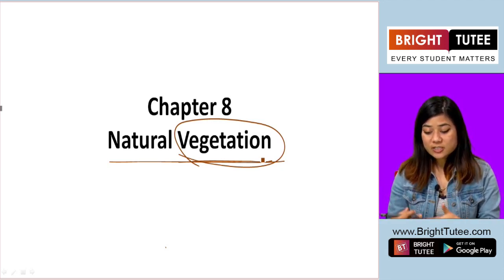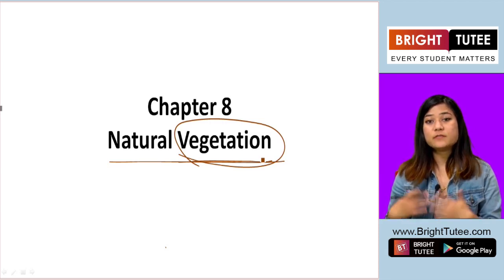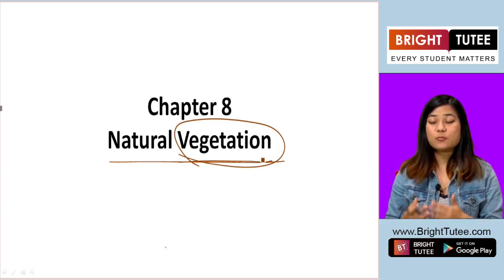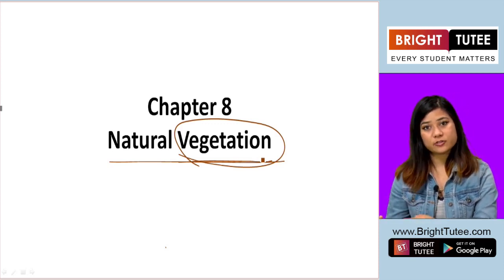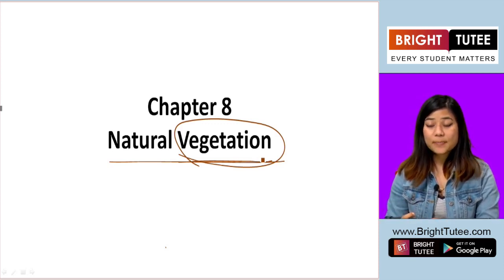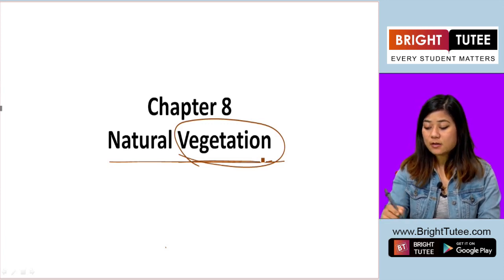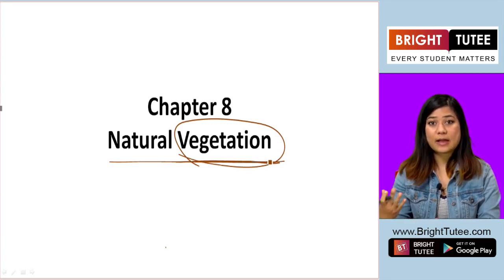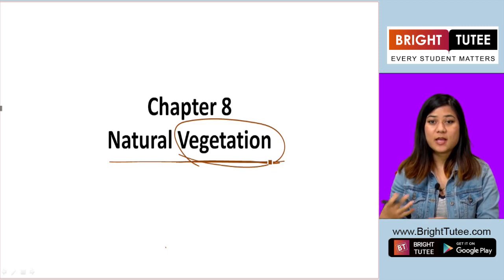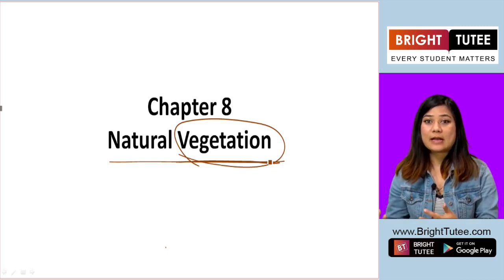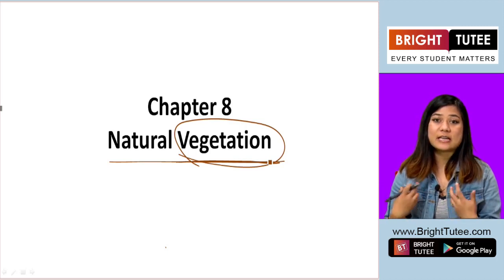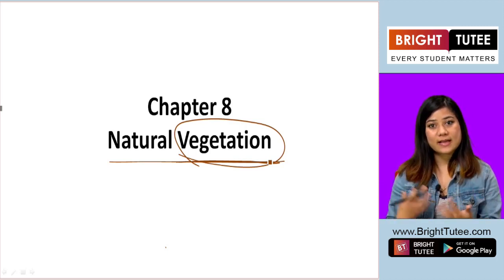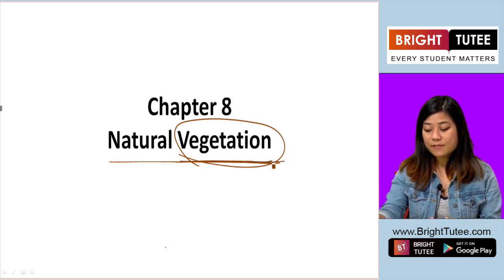In this chapter we are going to learn what vegetation is and what are natural vegetations and what are not natural vegetations. The term vegetation does not mean vegetables, but it means the plants. It means the trees, the forests, the animals that live in the tree. So all that consists of what we understand by vegetation.